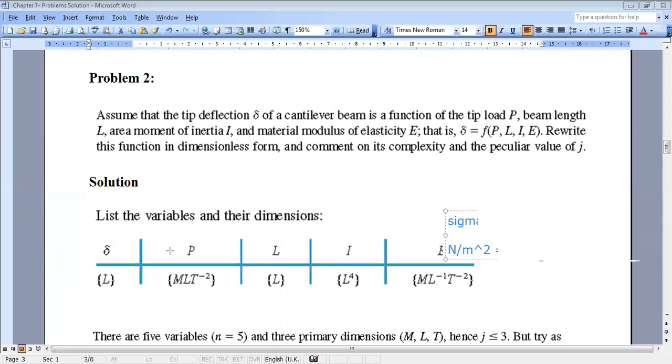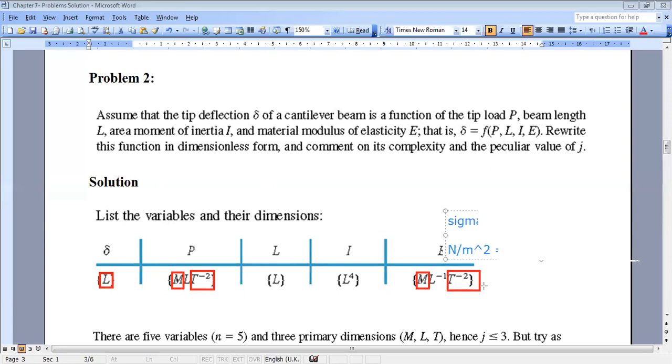Because look, the dimensions, as we said, are L, M, T. But if you look at how they appear, you have L, but M is always together with T to the power minus 2. So M is present in P and in E, and T to the power minus 2 is present in P and in E, but they are repeated in the same way. So here you have M T minus 2, and here you have M T minus 2.